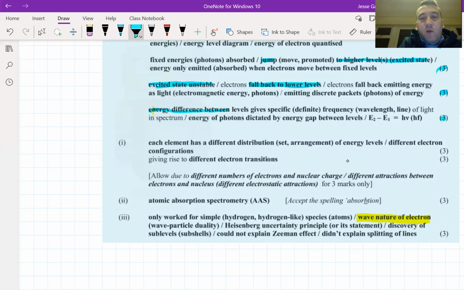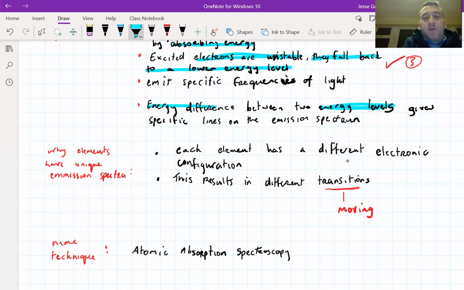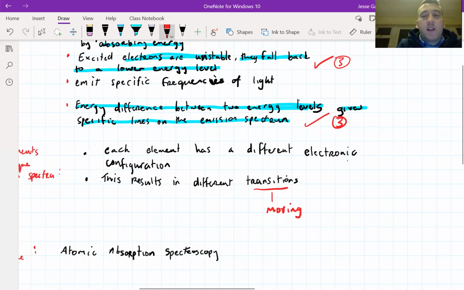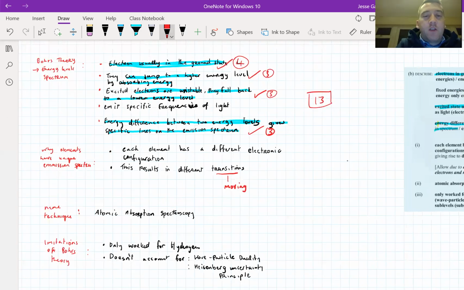Energy difference between levels gives specific lines of light on the spectrum. What have we said over here? Energy difference between the 2 energy levels gives specific lines on the emission spectrum. All right, so almost word for word, not exactly, but almost. That was the last 3. So far on that little section, we got the 13 out of 13.